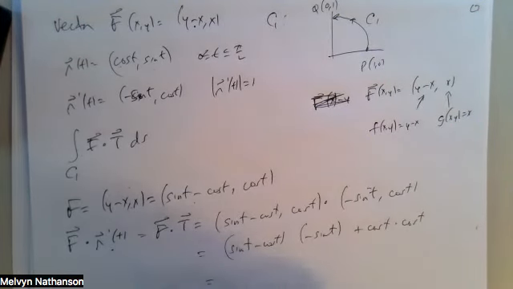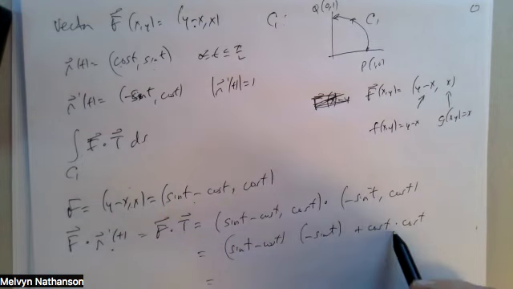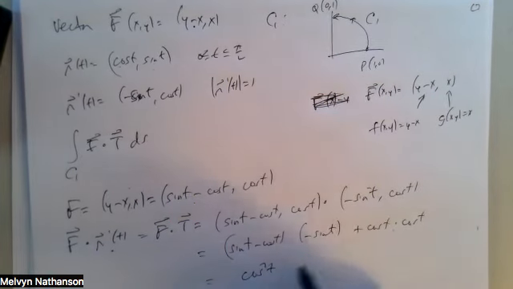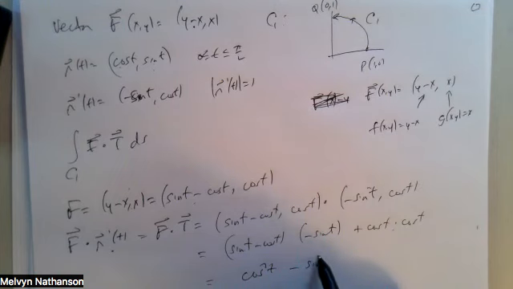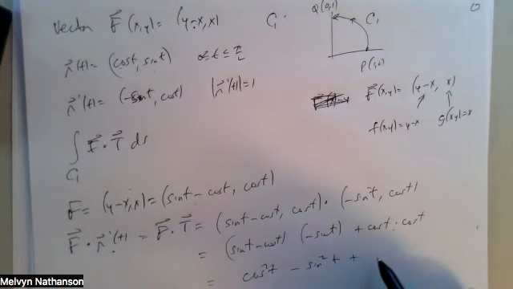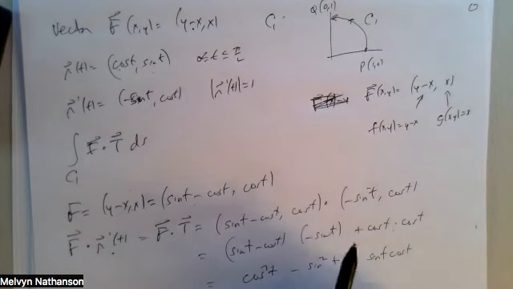So I get cosine squared t minus sine squared t plus sine t cosine t.